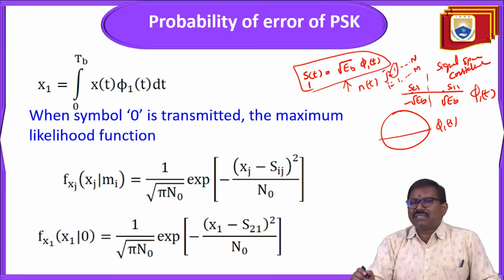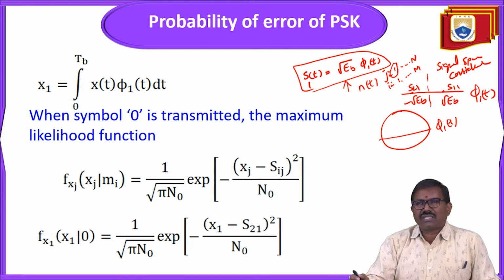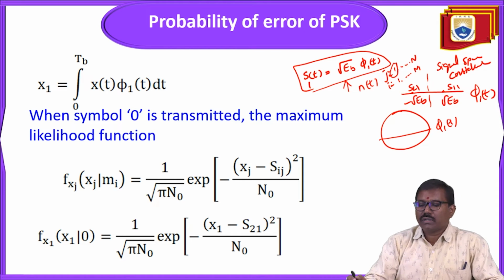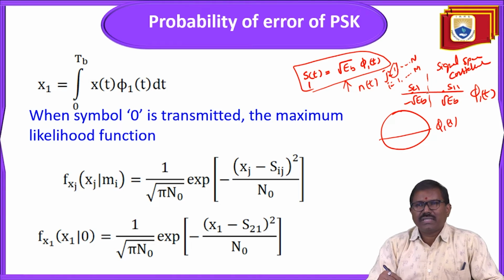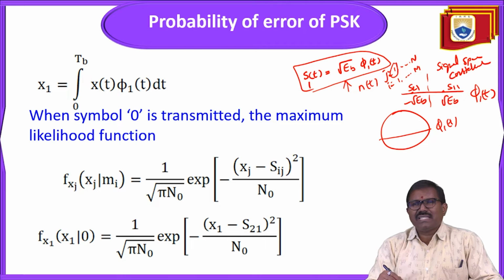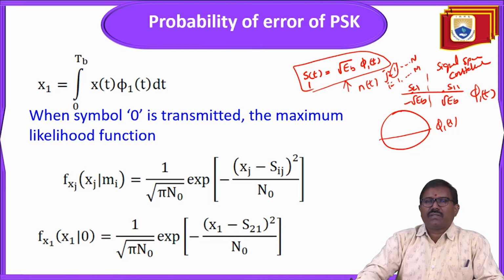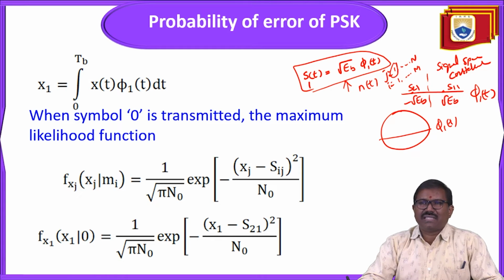If 1 is transmitted, it may be S11. When symbol 0 is transmitted, in the constellation diagram S21 represents it. So for 0 representation it is S21, so x1 minus S21 whole square by N naught.